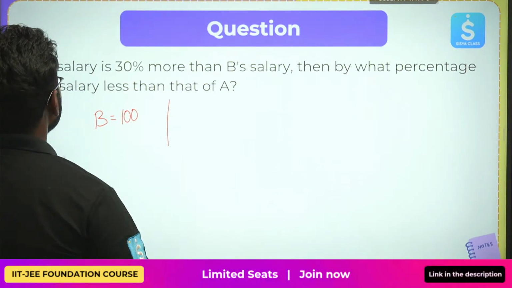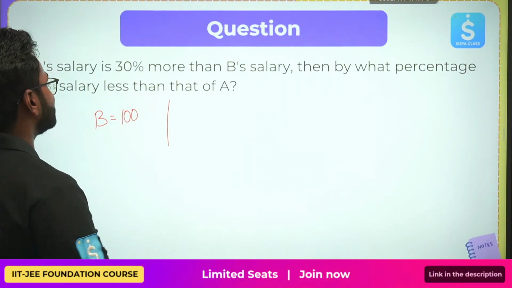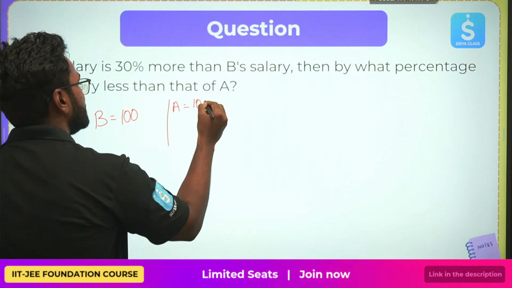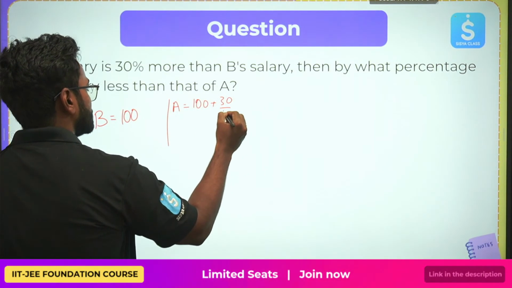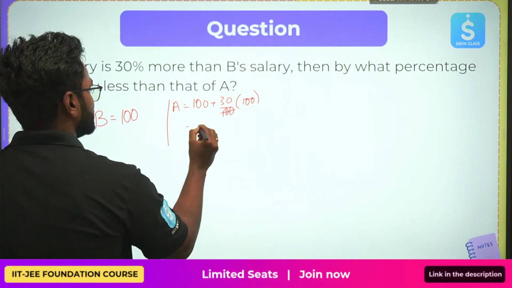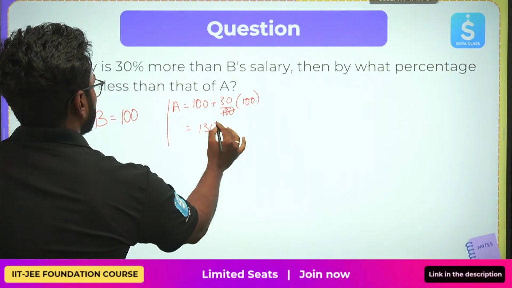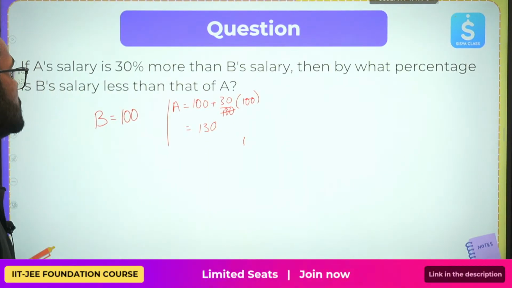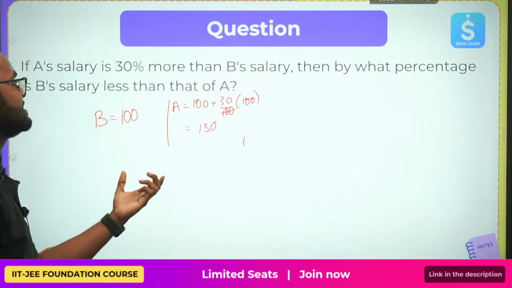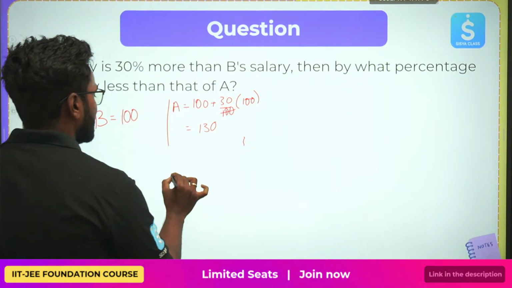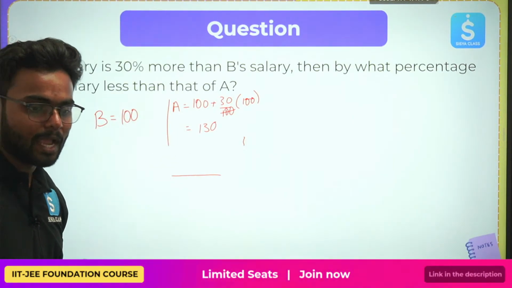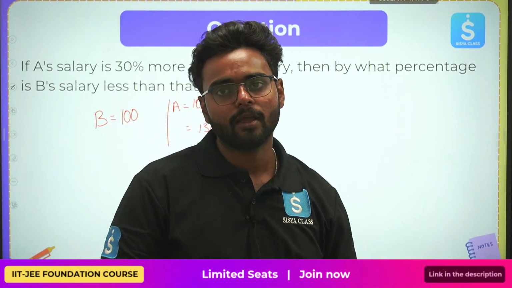100. Now, what is A's salary? It is 30% more than B's salary. What is A? It's 100 plus 30% of B's salary, which is 130, right? Then, by what percentage is B's salary less than that of A's? What did he ask? By how much percentage is B less than that of A?